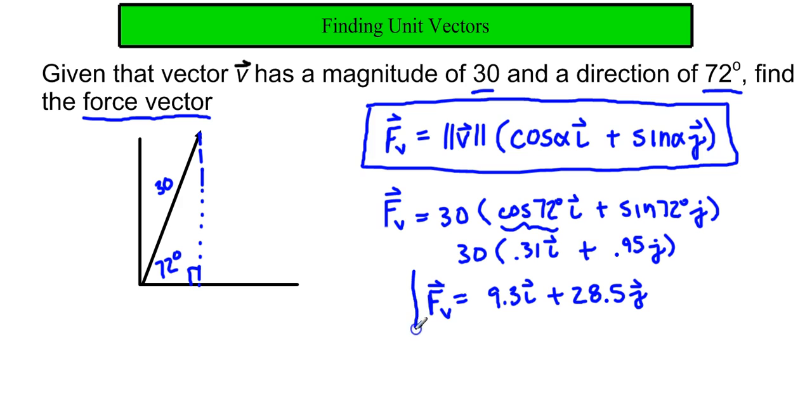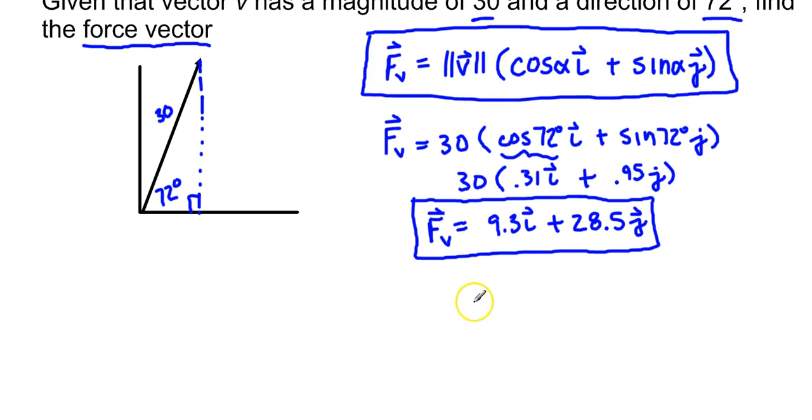So this would be our force vector written in terms of a linear combination of our basis vectors. And again, we can switch to that component form. We can write it as 9.3, comma 28.5 if we wanted to write it in that form.